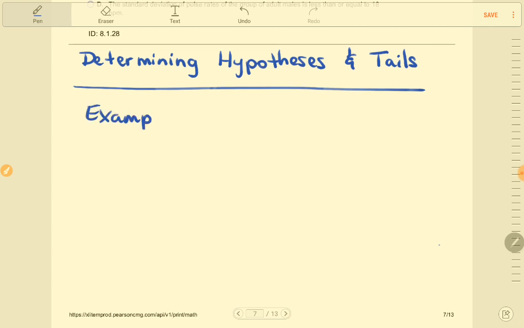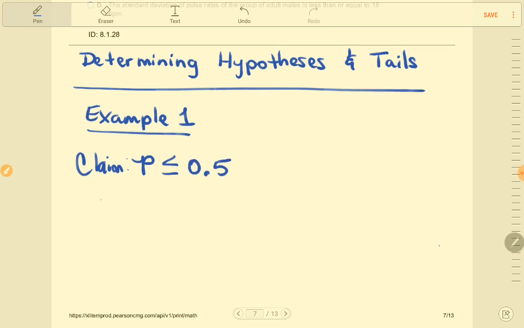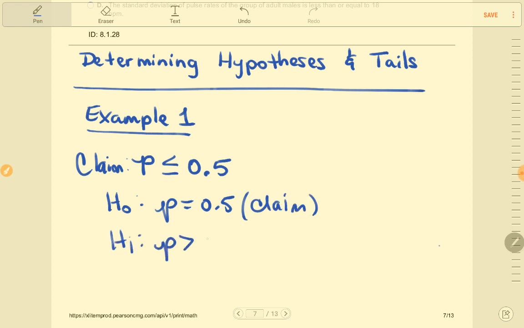Okay, so example 1 I gave you already. If the claim is that no more than 50% of people recognize Twitter, then the null is always equality, and it actually absorbs the claim. The alternative is the complement of the claim. Okay, so that's one scenario.